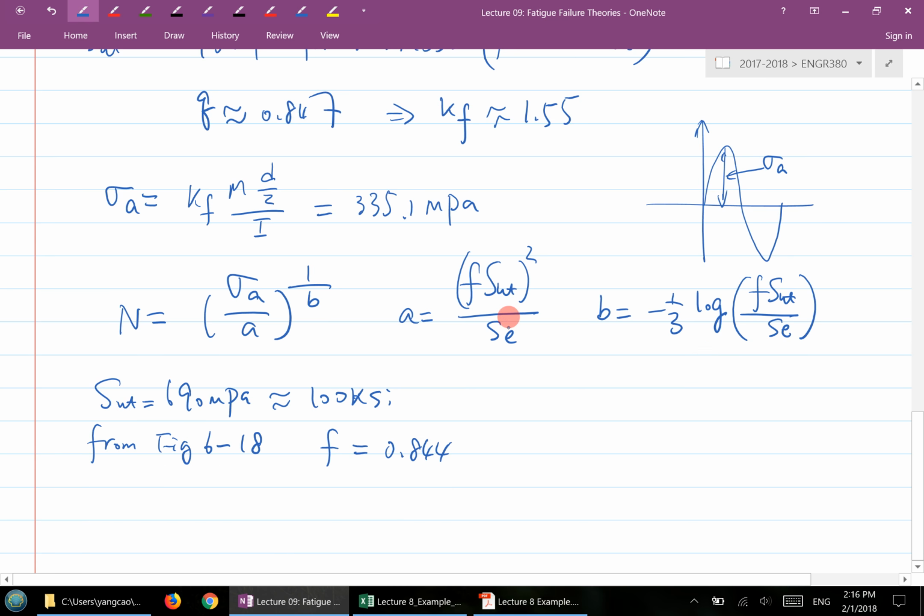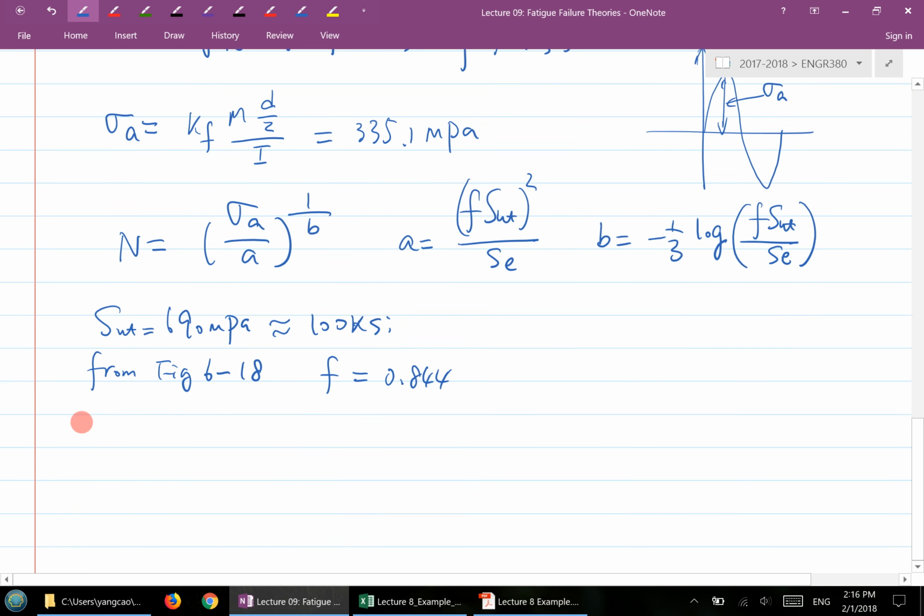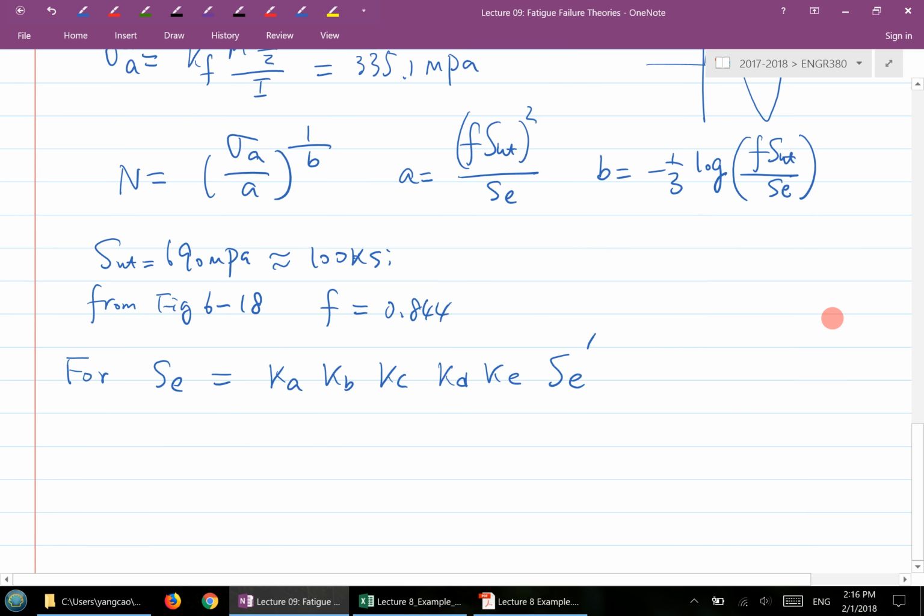So now we are only left with Se. We need to find the endurance limit. For Se, that equals Ka, Kb, Kc, Kd, Ke times Se prime. So there are a lot of factors related to Se. First, find Se prime.